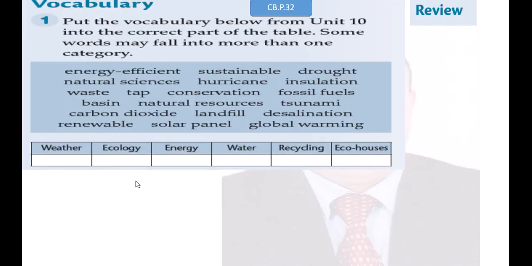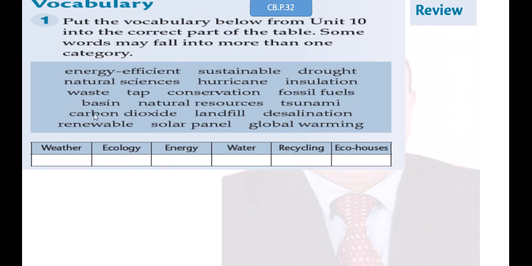Try to concentrate, please. These are the words that we studied during our unit: energy, efficient, natural sciences, sustainable, drought, hurricane, insulation, waste, tap, conservation, fossil fuels, basin, natural resources, tsunami, dioxide, landfill, desalination, renewable, solar panel, and global warming.